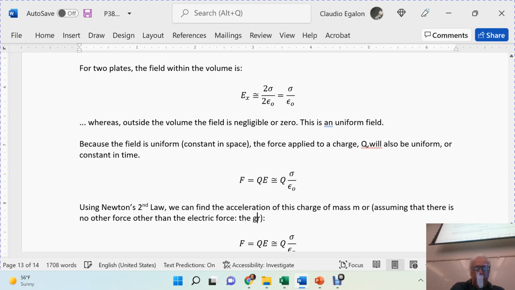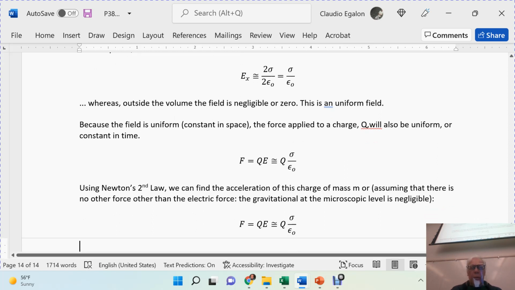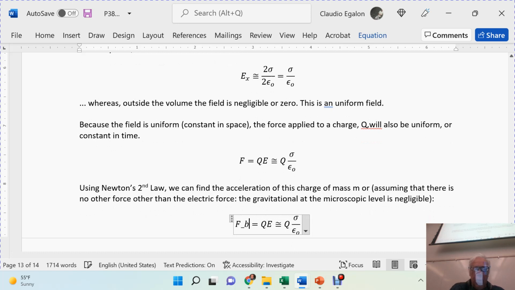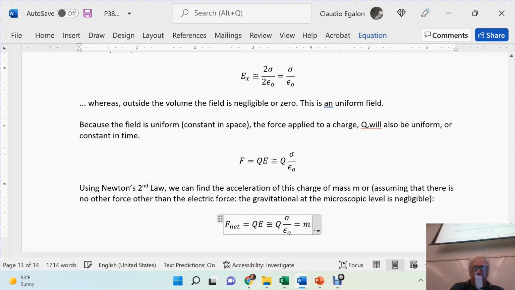The gravitational force at the microscopic level is negligible. Okay, net force is going to be, since you are talking about net force here, what goes on the right side is mass times acceleration of the charge.